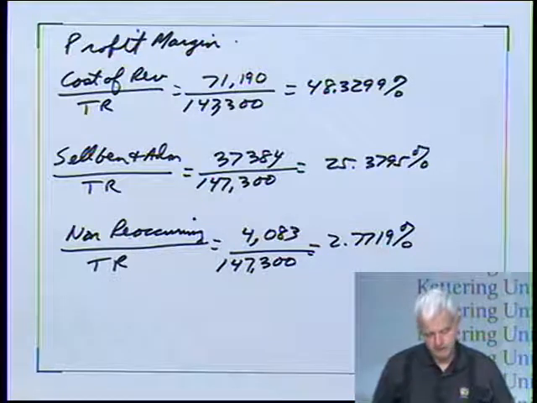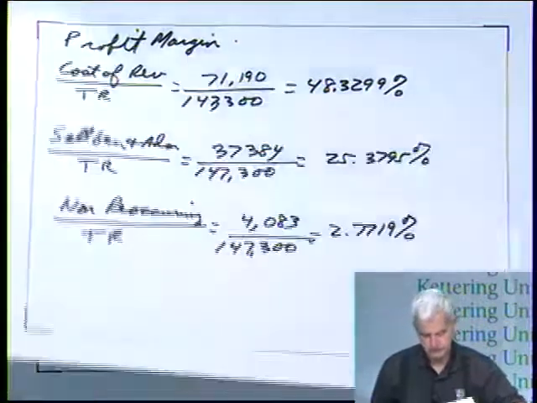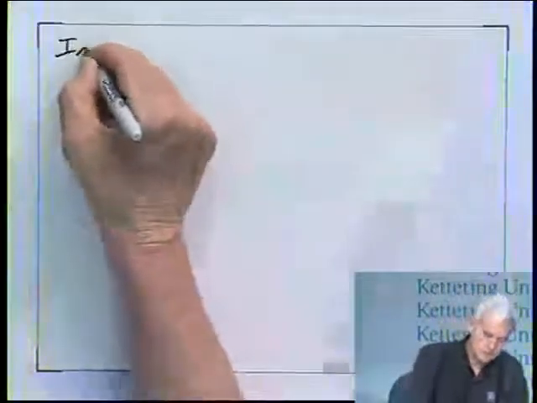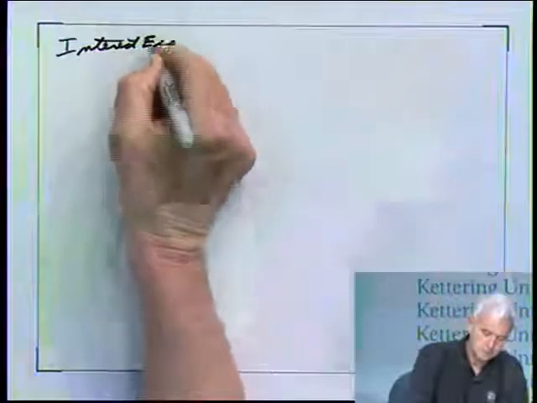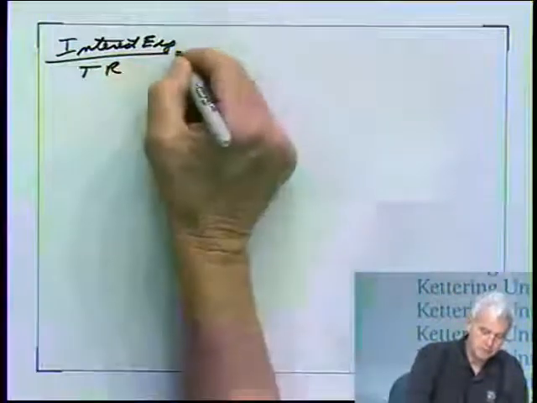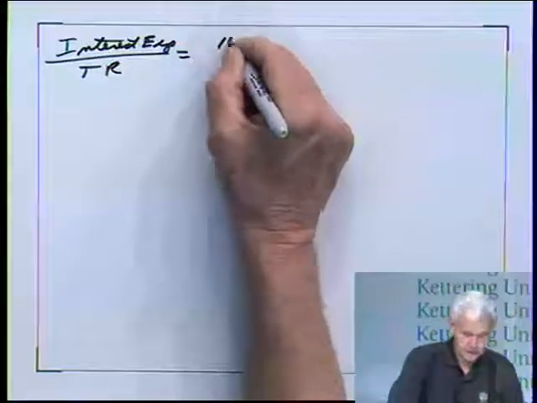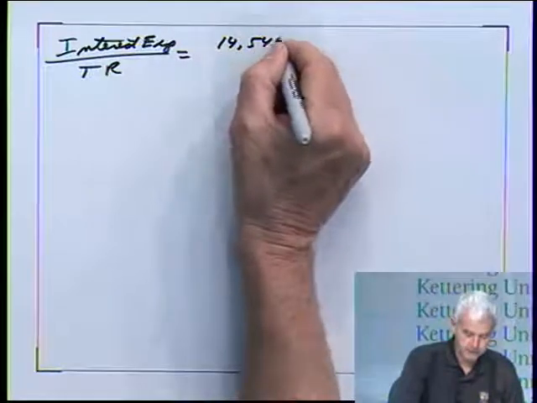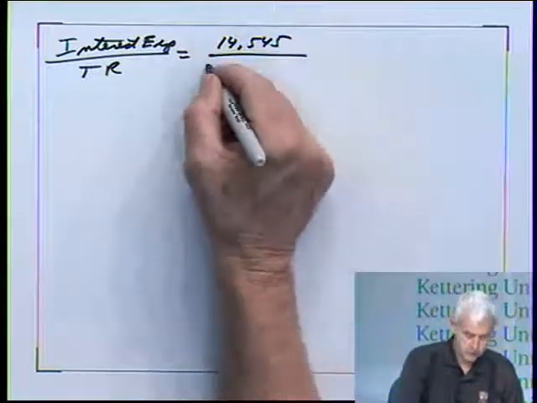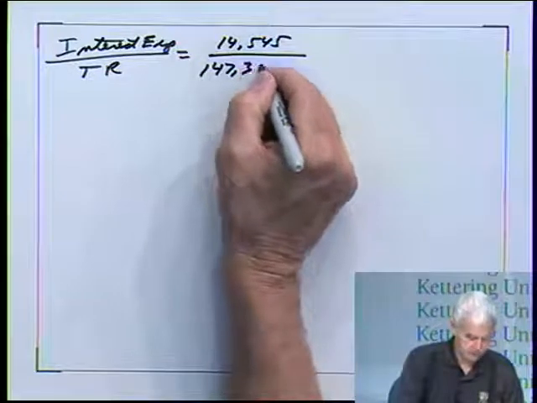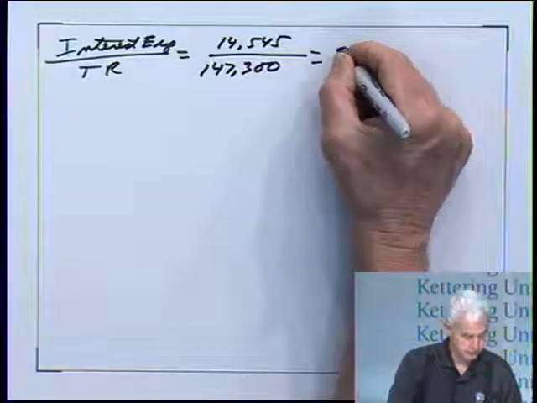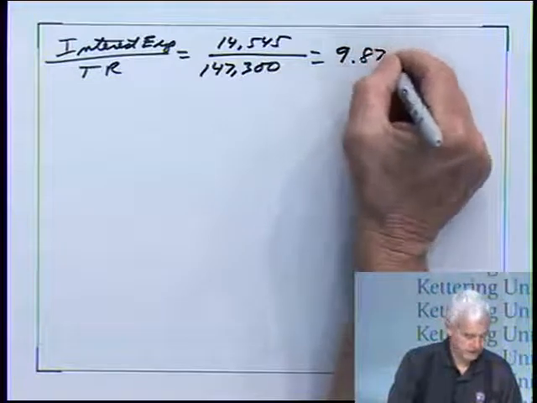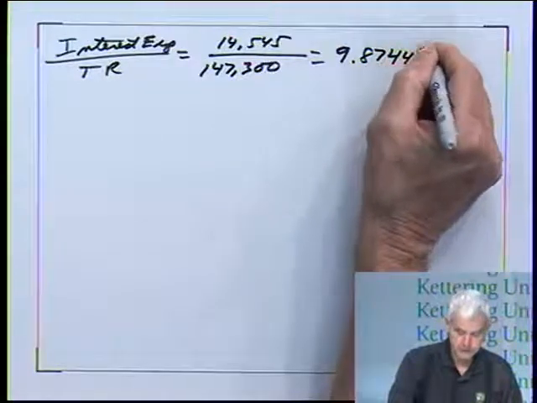What we do care about is our interest expense. Over total revenue, and that's 14,545 over 147,300. And let me tell you, folks, that's huge. 9.8744%.